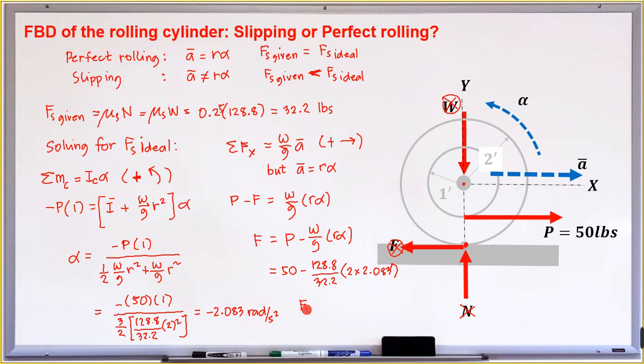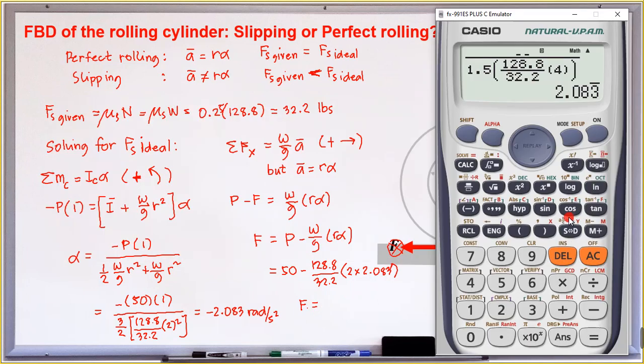So the resulting frictional force, or this is also the static force, is 50 minus 128.8 divided by 32.2 times 2 times 2.083.